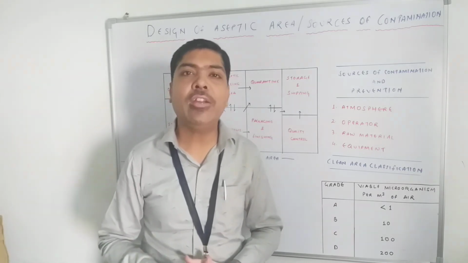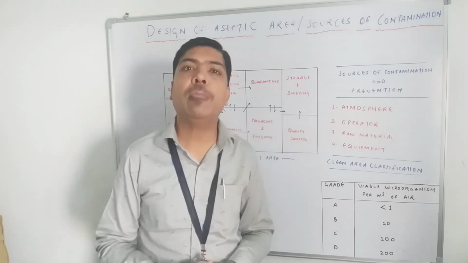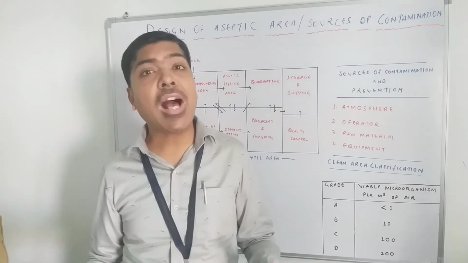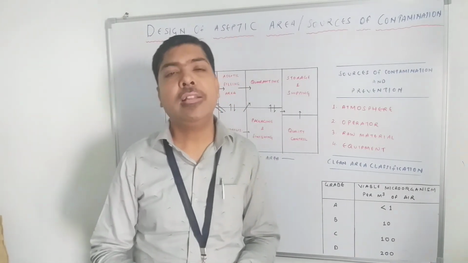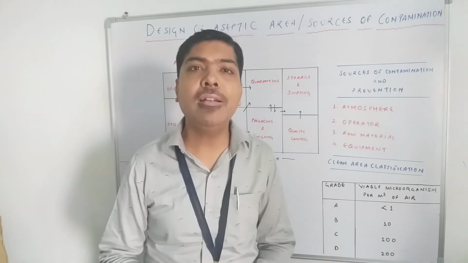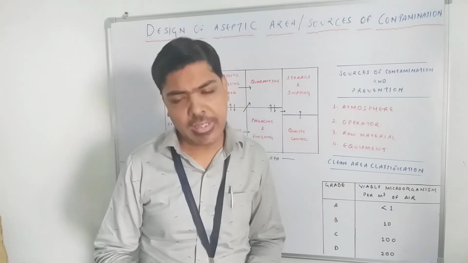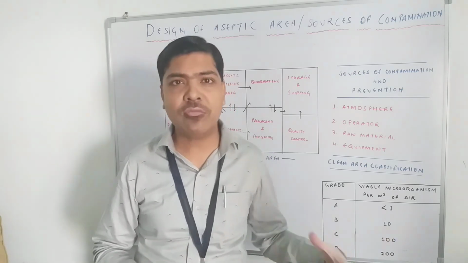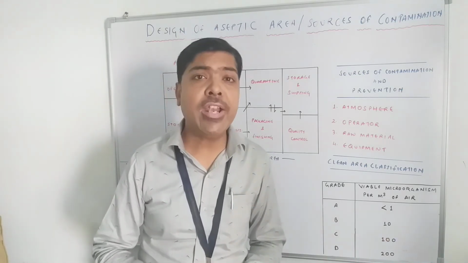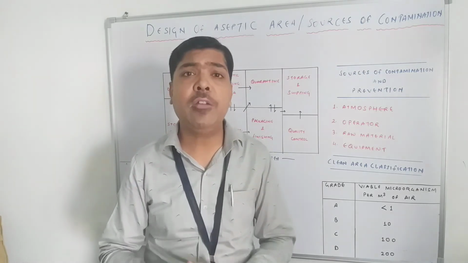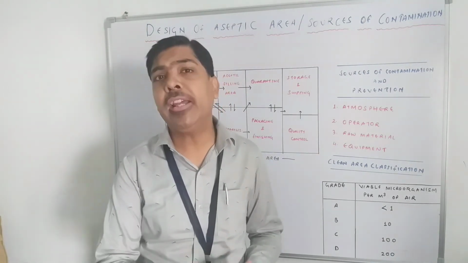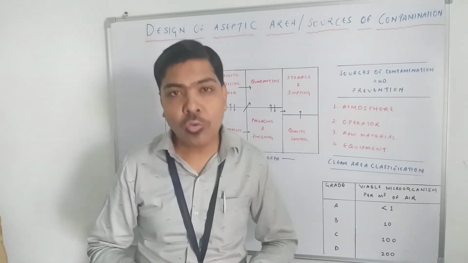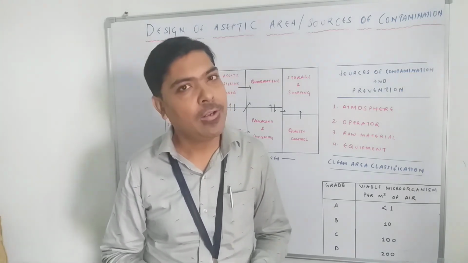For that quality we can go for walls made up of steel, walls made up of glass, or walls made up of enameled steel. But if we are using a material like cement or brick walls, then effective coating and effective treatment should be done on that category of wall, because they should not generate any sources of contamination into our product.